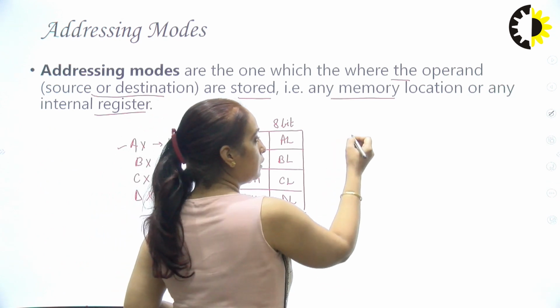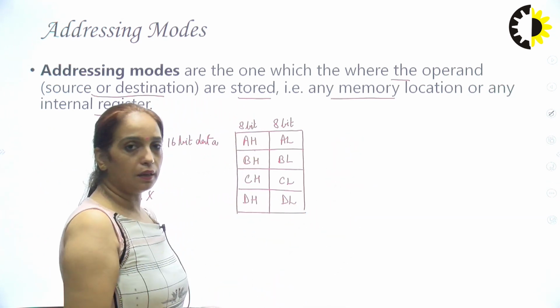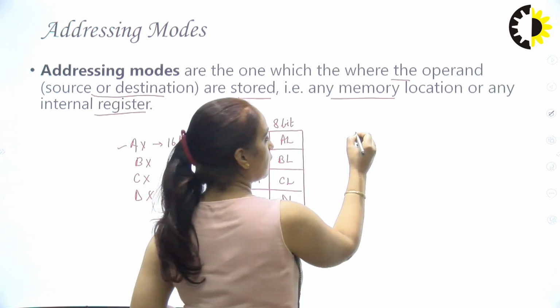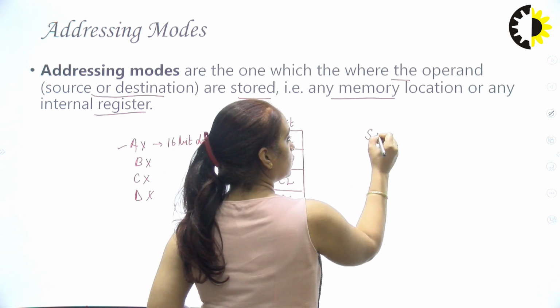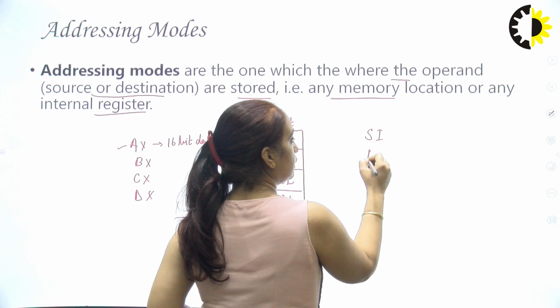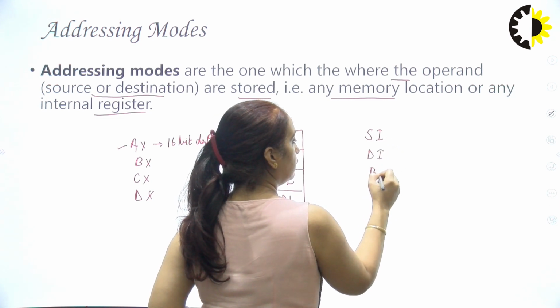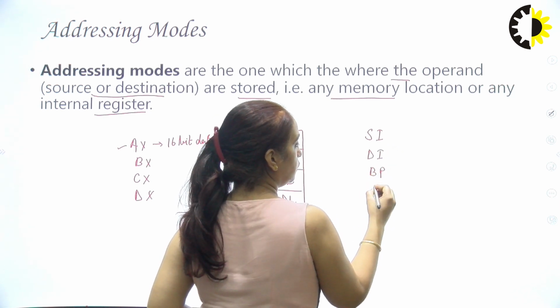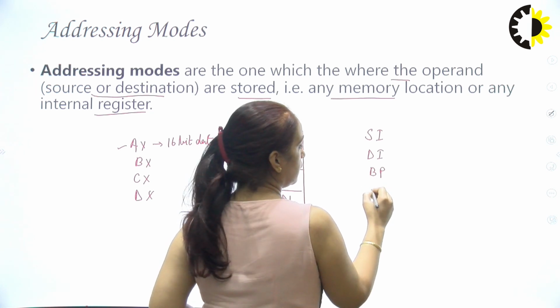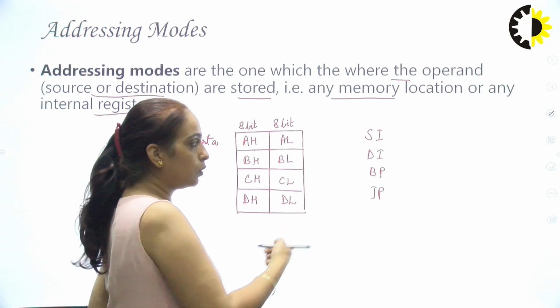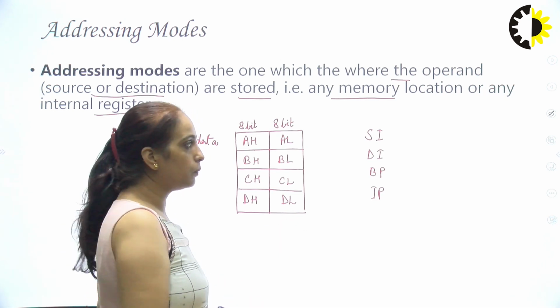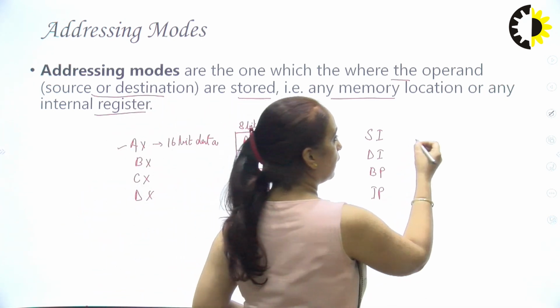Other 16-bit registers which we have covered in the 8086 are the source index, destination index, base pointer and instruction pointer. We have these pointers also, which can be used to store 16-bit data.